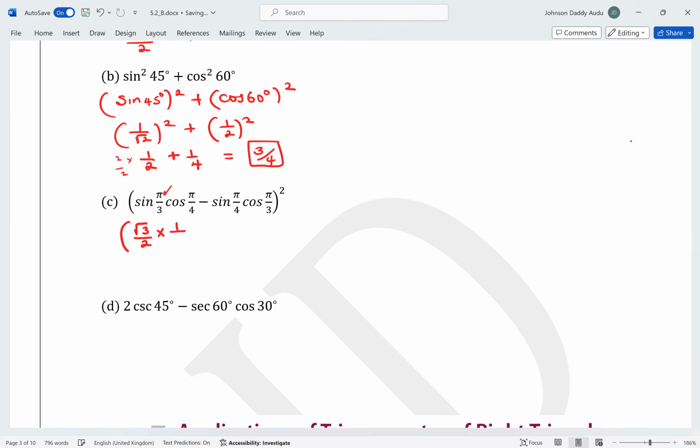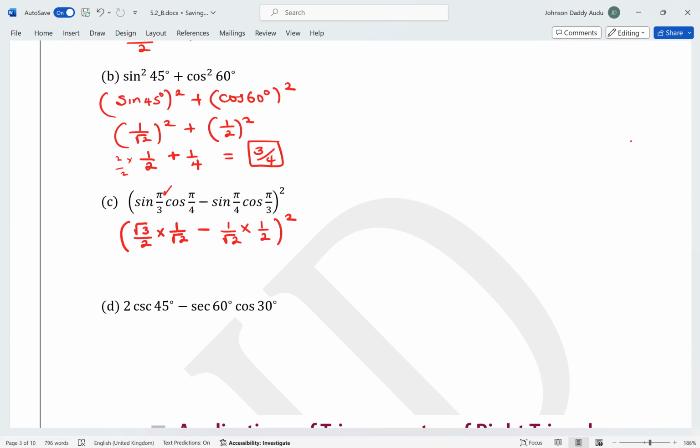Cosine 45, we know it's 1 over root of 2. Minus sine 45 also is the same story, 1 over root of 2. Then we are multiplying by cosine of pi over 3, which is the cosine of 60, right? But what is cosine of 60? Cosine of 60 is 1 over 2.